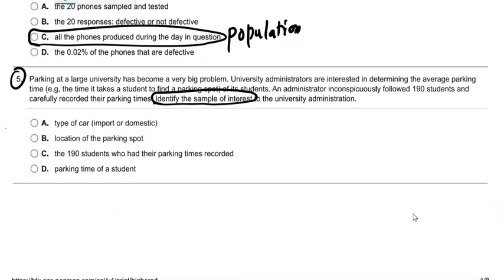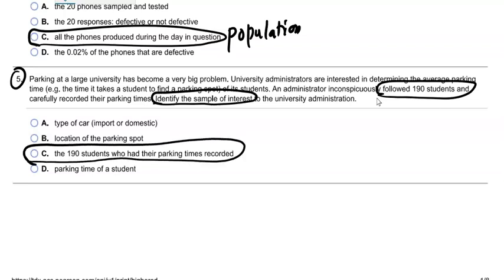In this question, what is the sample? The sample is obviously the 190 students surveyed. So the sample must be the 190 students who had their parking times recorded. Okay, number 5 is done.